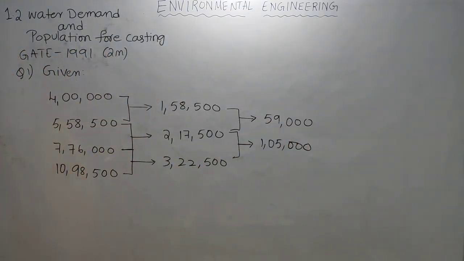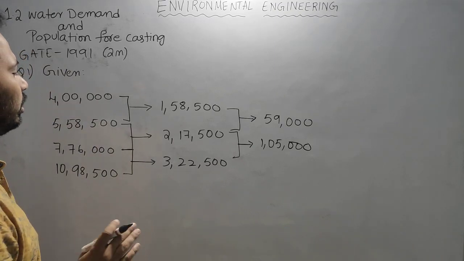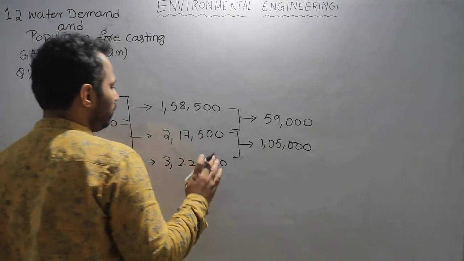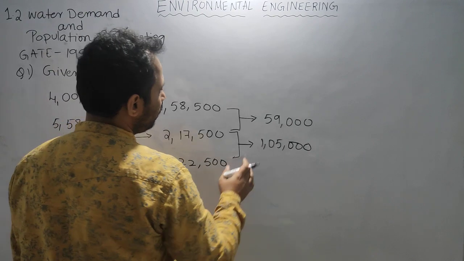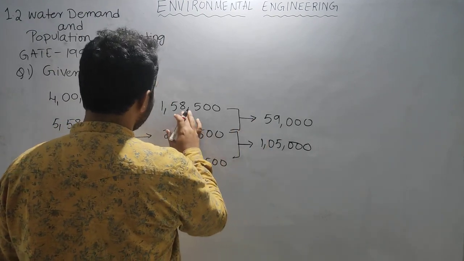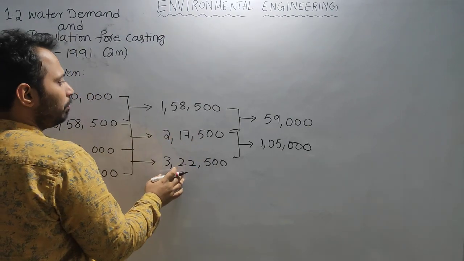Now no method was specified here, nothing was given as a hint. The population of a city at previous consecutive census years was given and the future census was asked. So in these questions we can do any method. Let us do it with the arithmetic, because dP by dt is completely increasing.